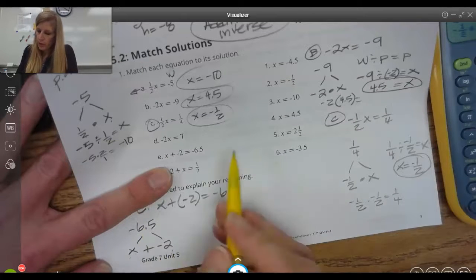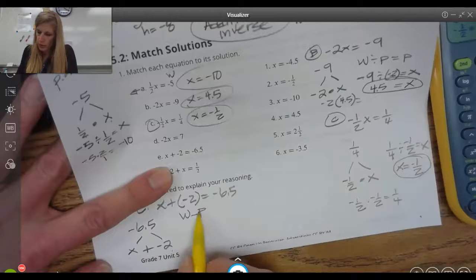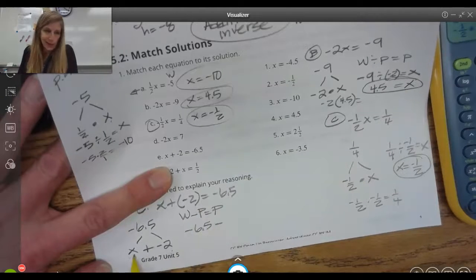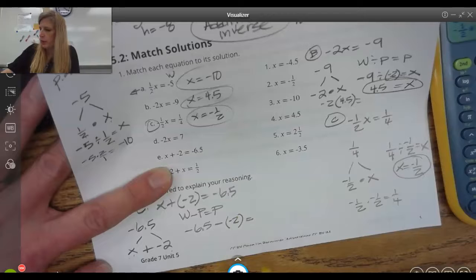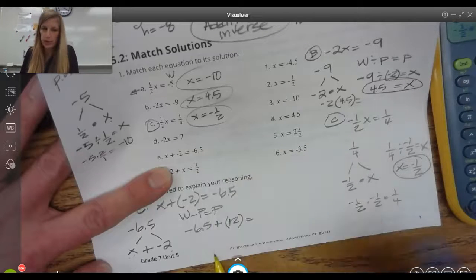So to undo that, I'm going to do whole minus part equals part, right? So I'm going to do -6.5 minus, well, I can't minus x because I don't know what it is. So I'm going to do minus -2, and where I have a minus, I'm going to change it to plus a positive because we add the opposite.